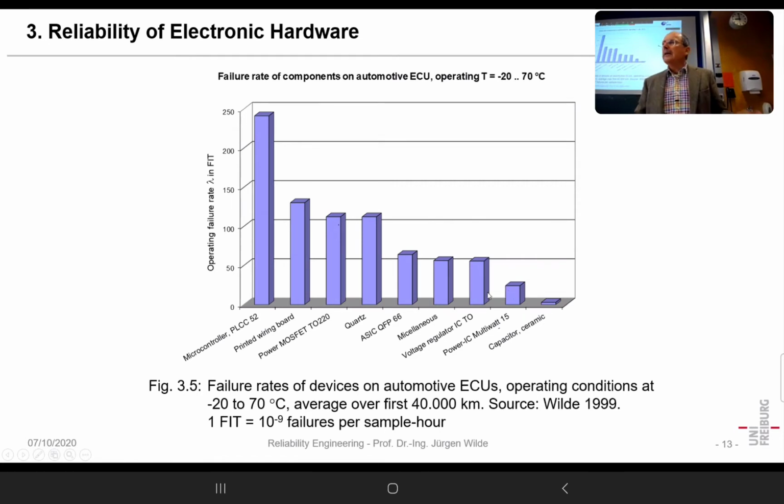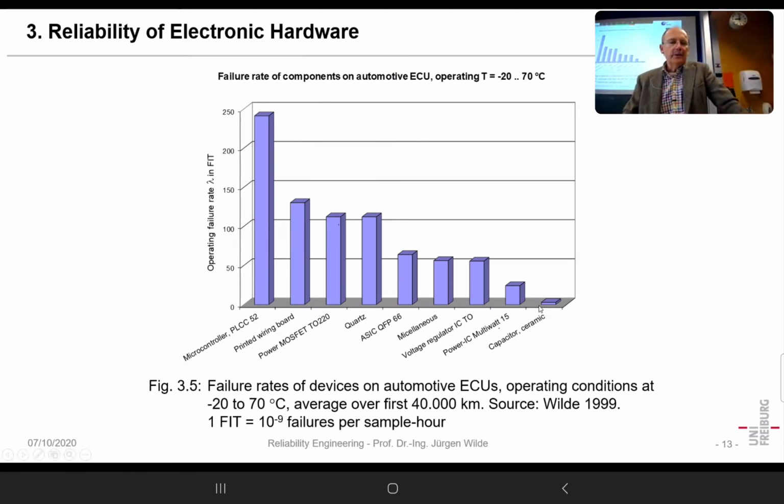But the multiwatt, which is more complex, which does much of the control in your thing, only has 20 or so FIT. So again, that shows us you would expect some devices to be more reliable because they are simpler, but in fact, it's not always the case.